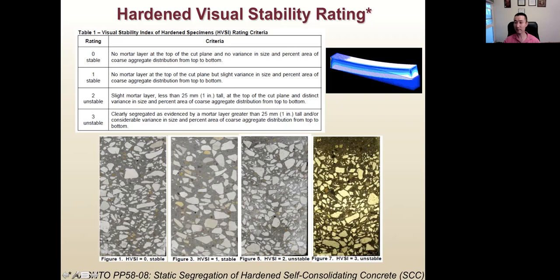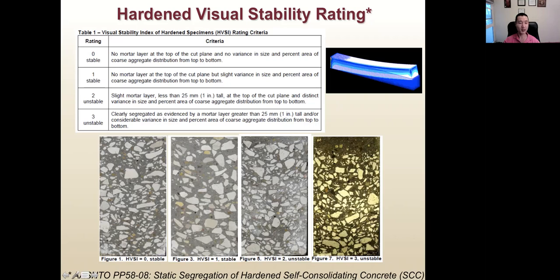If we have only a paste layer on top of the concrete, and also the water cement ratio on top of the concrete is higher because we may have some bleeding issues, the top layer may crack due to segregation issues.